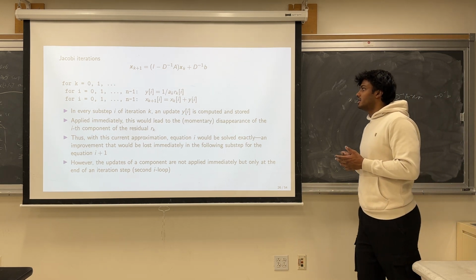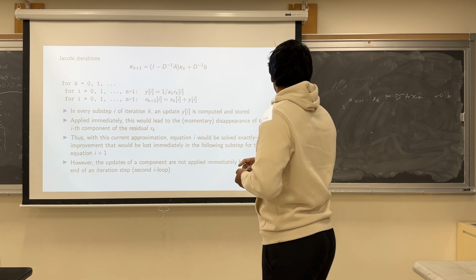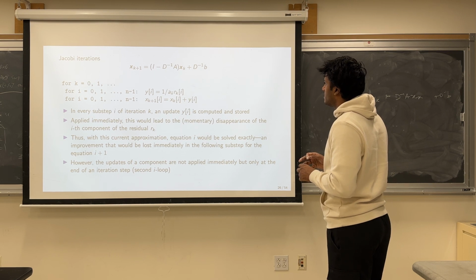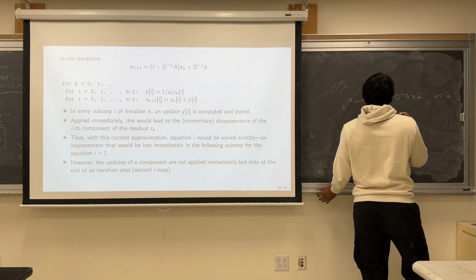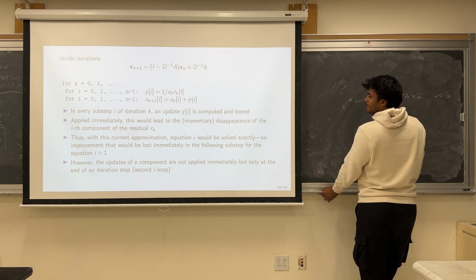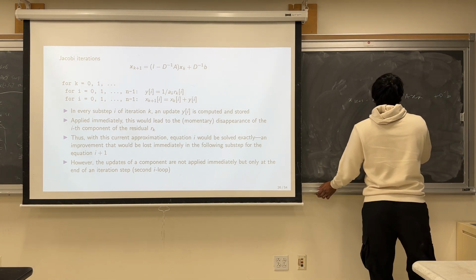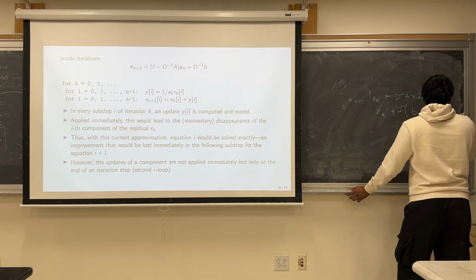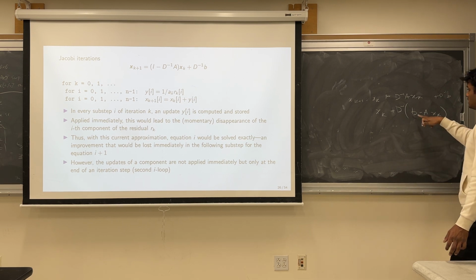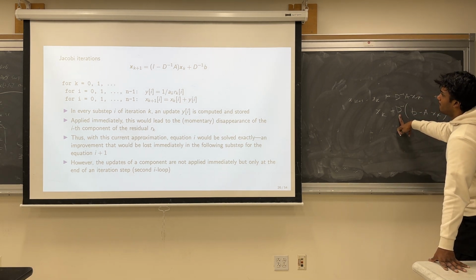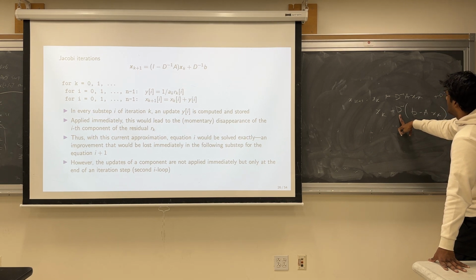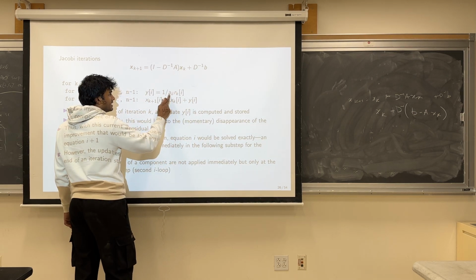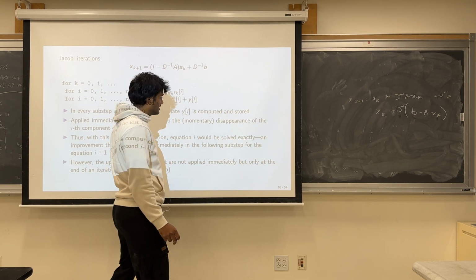D inverse b can be calculated in the first step. x_k plus y_i, where y_i is D inverse b minus A x_k. So compute the residual, divide by the diagonal element, and then add it to x_k.